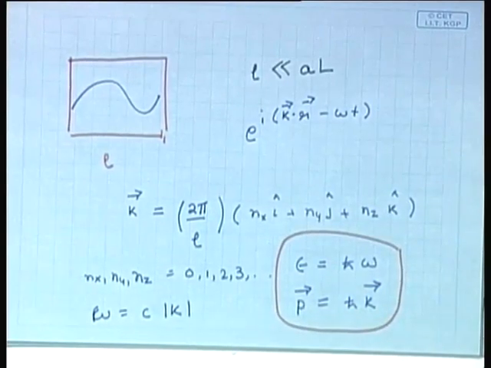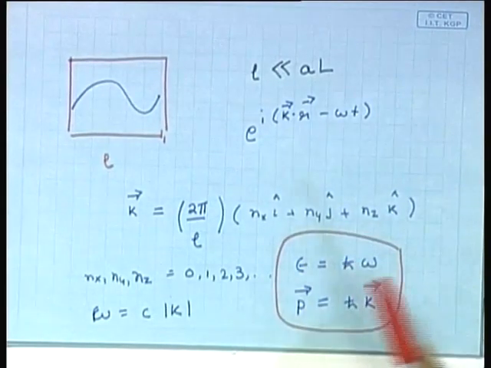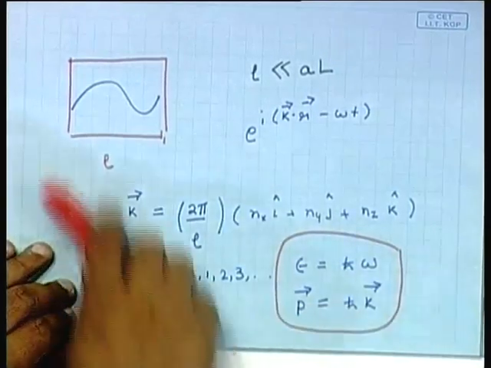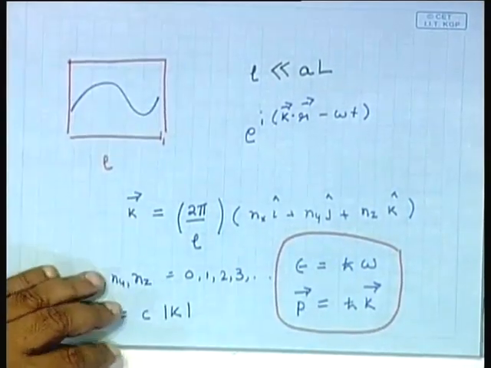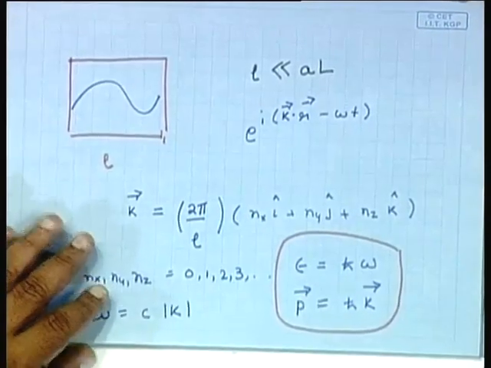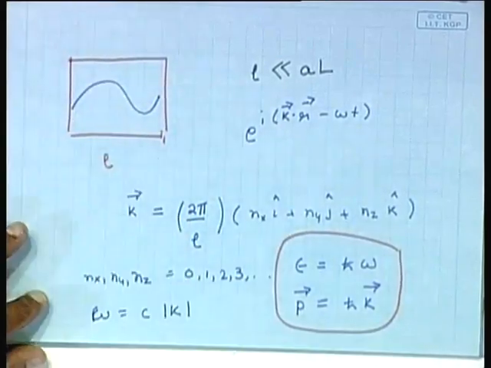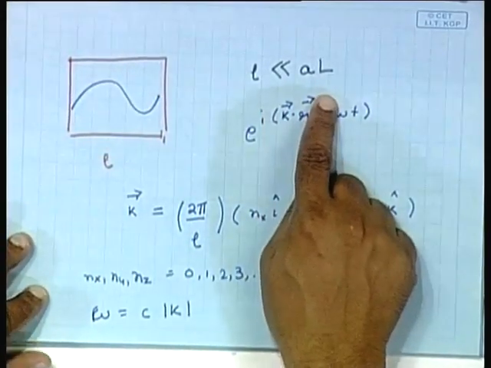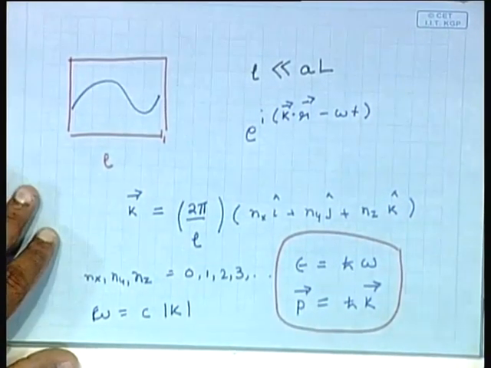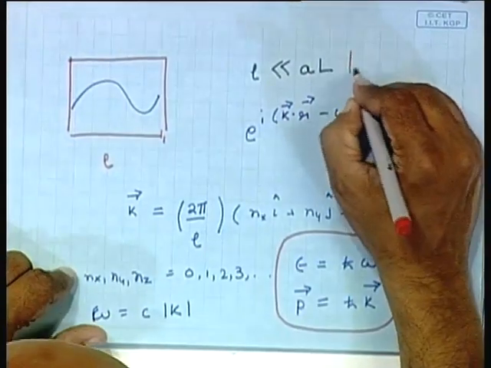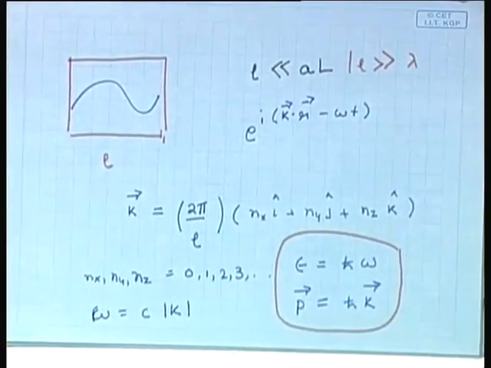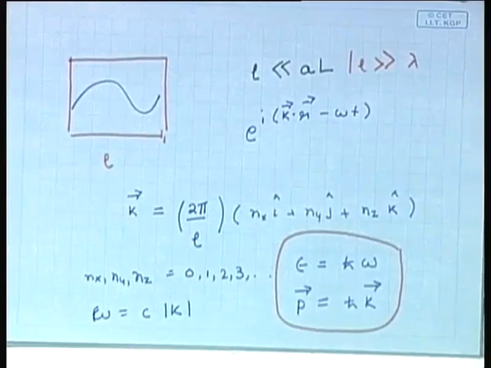I can have one such unit, two such units, 3, 4, 5, etc. This is how we describe the electromagnetic field inside this small region of space. We have assumed that the box size is smaller than the curvature length, but considerably larger than the wavelength of the radiation that we are considering.